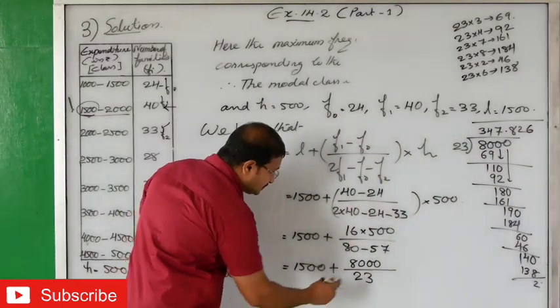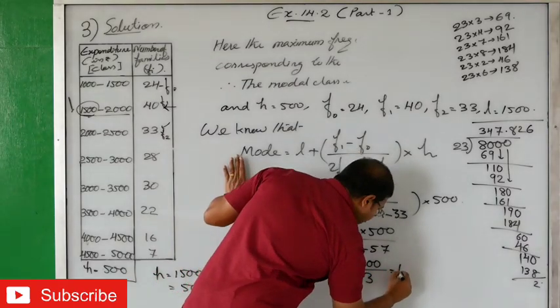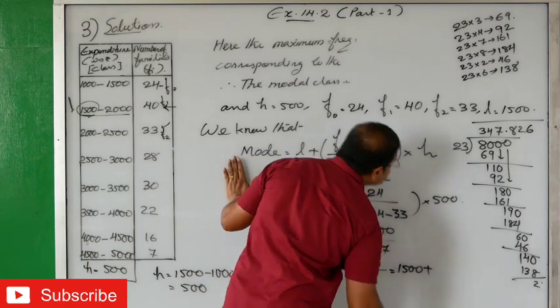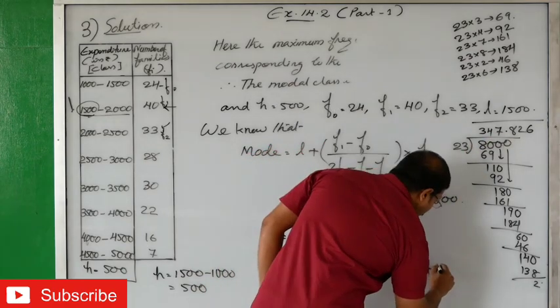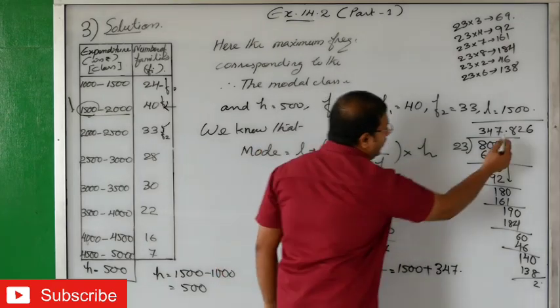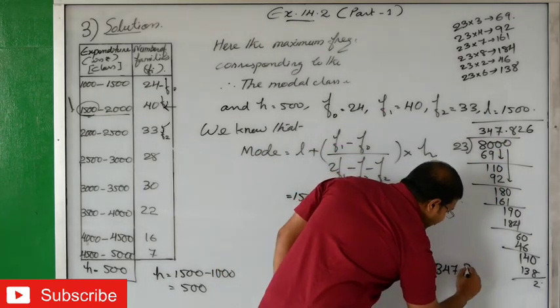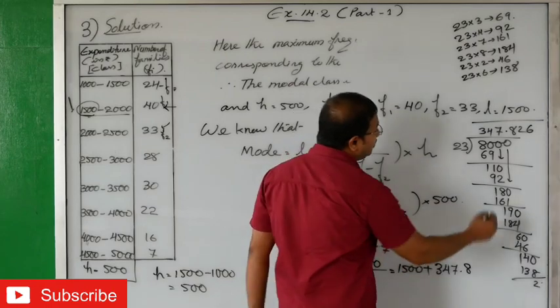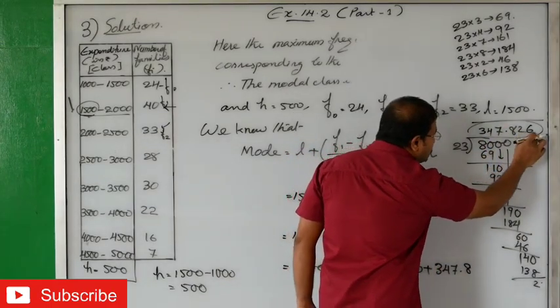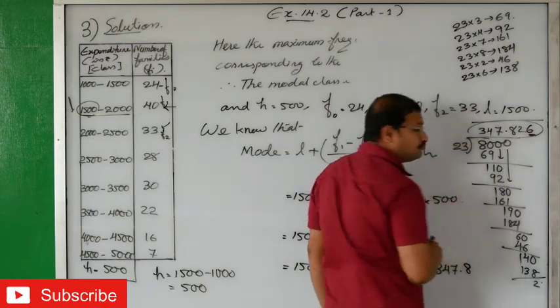So this equals, we'll write 1500 plus 347.826. See? Here we got 0.826. The last number is more than 5.